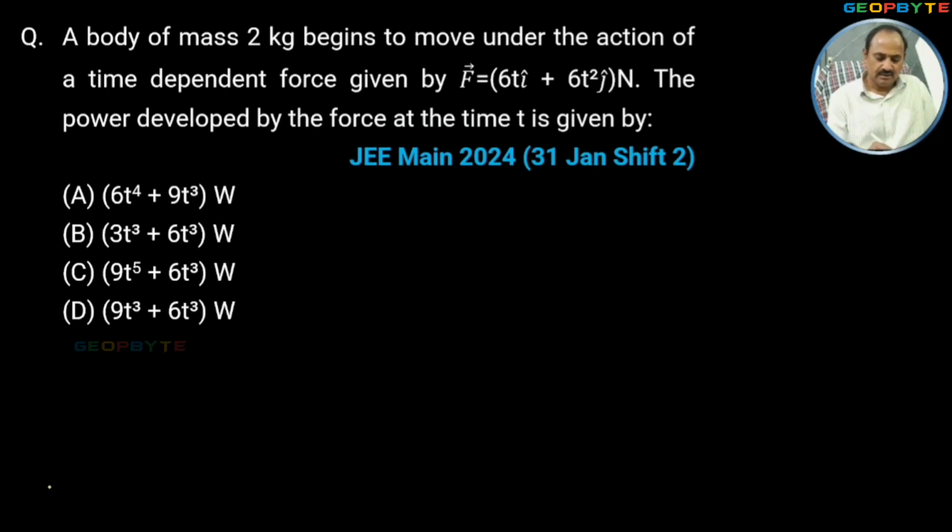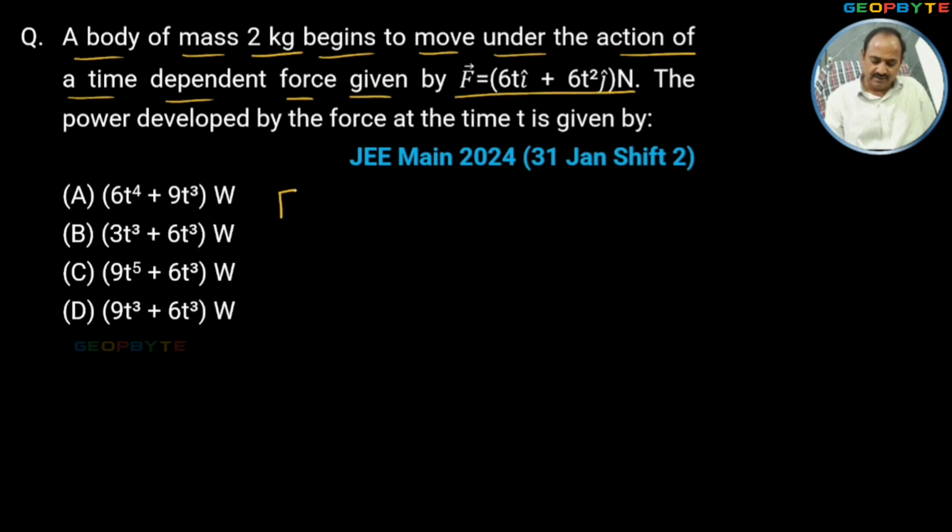A body of mass 2 kg begins to move under the action of a time dependent force, given in terms of time. That means the force acting on the body depends on the time factor. It is given as 60 t i cap plus 60 t square j cap.